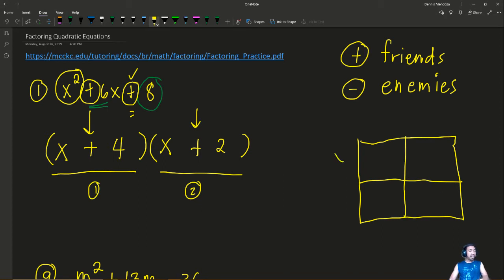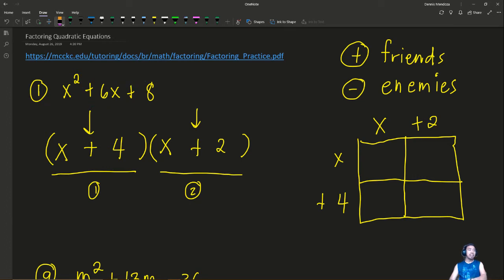So x plus 4 here, and then x plus 2 here. So x and x, also I will erase the markings here so that it's easier for you to see.